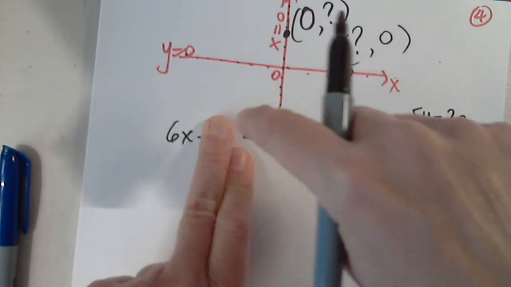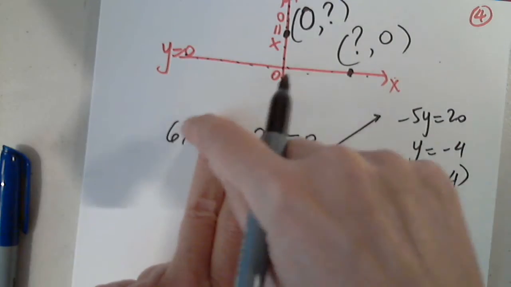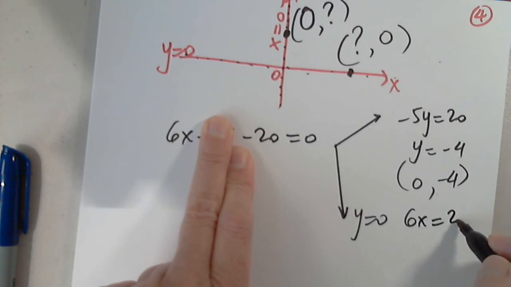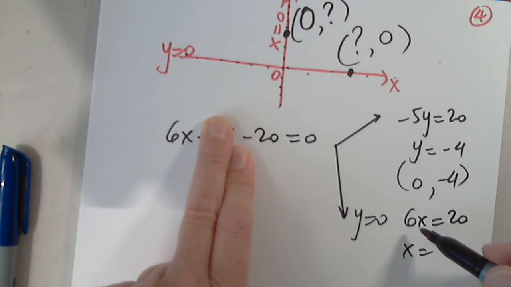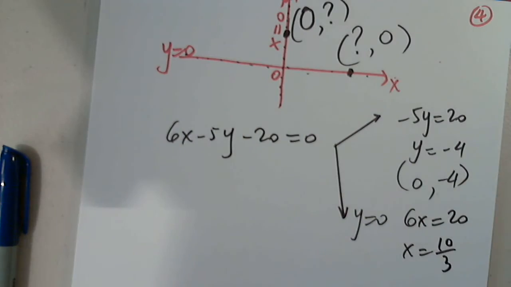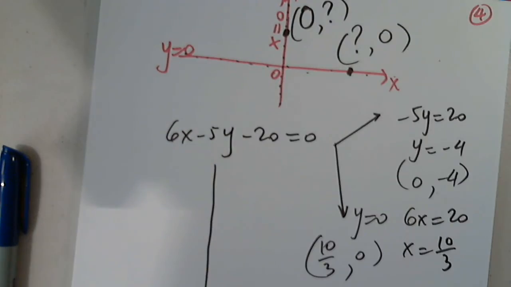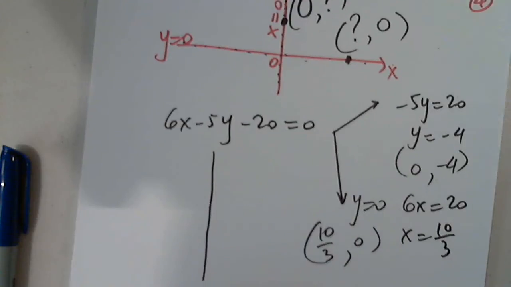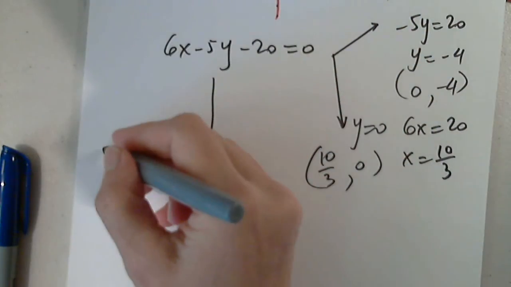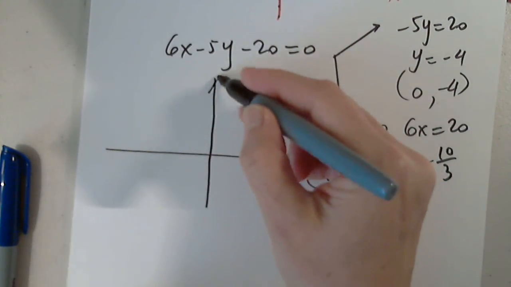So then I have 6x equals 20. So then x equals 10 over 3. So I found the ordered pair 10 over 3, 0. That's all I needed. Waste of time to solve for y. There is no need. We need the x and y intercepts.